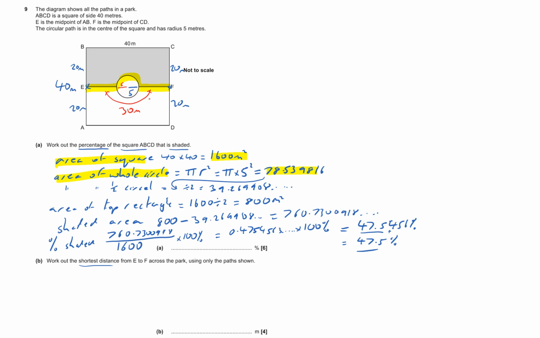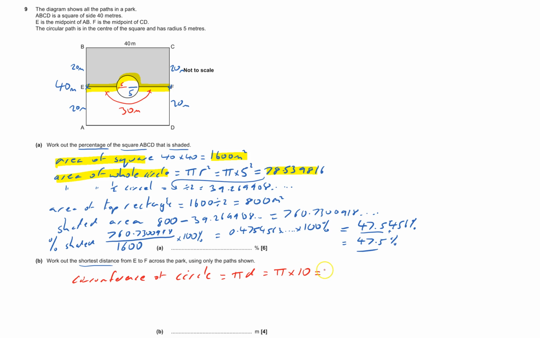So all I need to do is do 30 metres and then add on the top part of the circle. So I need to do the circumference of the whole circle. When I need the circumference, I'll just use pi d. So that equals pi times the diameter, which is the whole way across the circle, 10. I have to be careful on those things.